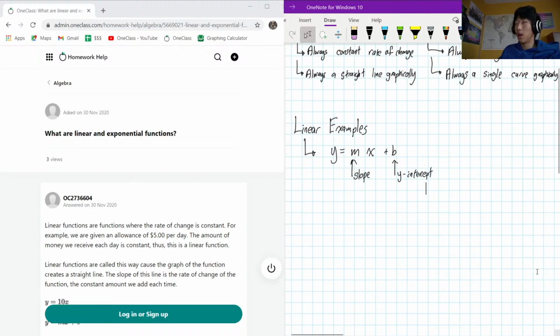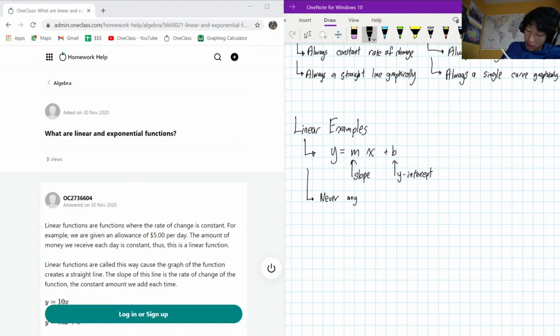Okay, so if your equation looks like this form, it's linear. You should never have any powers on x, and you'll be linear. So they are a straight line.